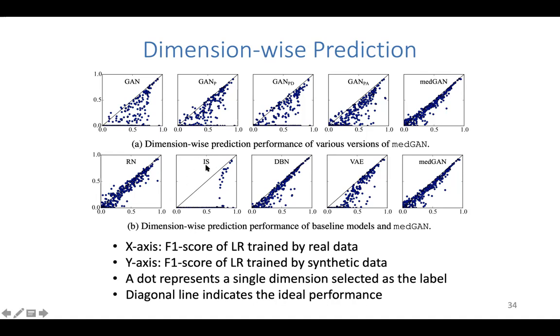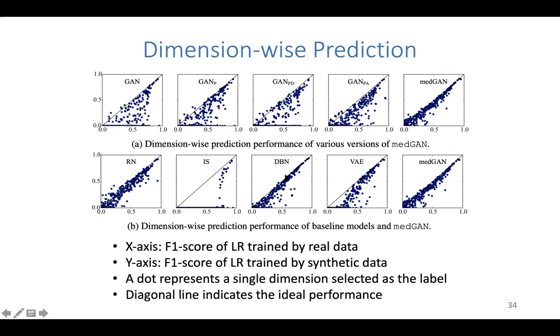And this is obviously true because as the name says, literally we're generating samples independently for each column. So there's no way that the fake samples would capture the relationship between a pair of columns or pair of features.